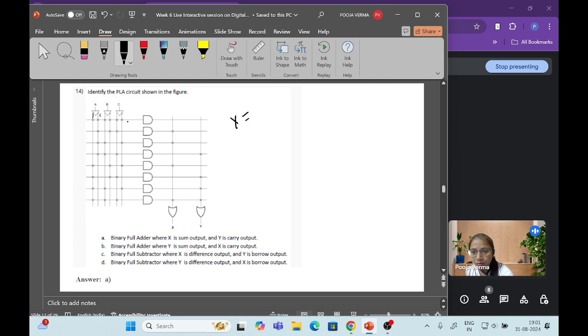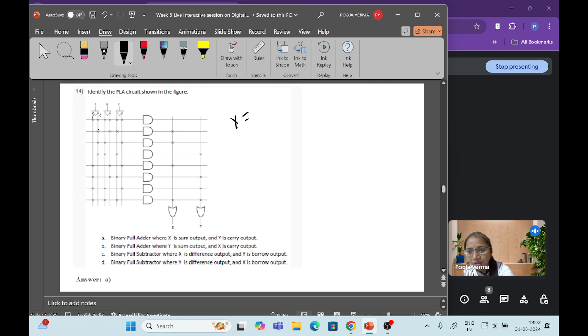Just leave that one, because all are crossed. From here we can check what will be the output of this AND gate. I already told you it is a programmable AND gate followed by a programmable OR gate, right? If it is crossed this way, that input is given and connected to the gate.